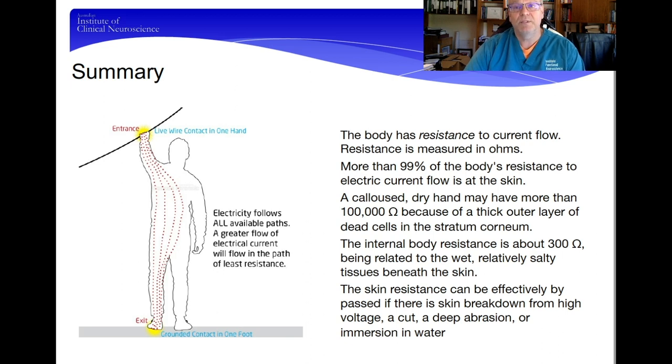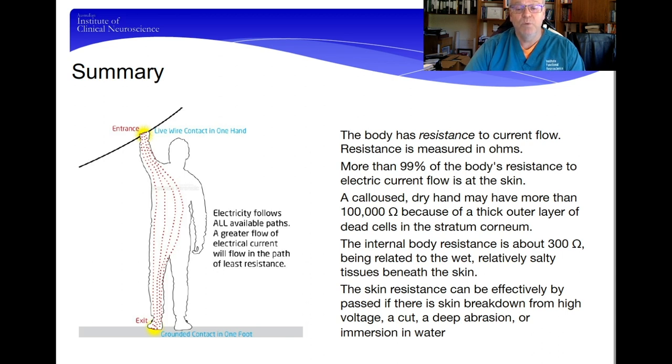And that means once that current gets through the skin, it's going to travel very easily inside the body. And that's generally due to the relatively salty ionic composition and the types of tissues beneath the skin that allow easy flow of ions and electrons.